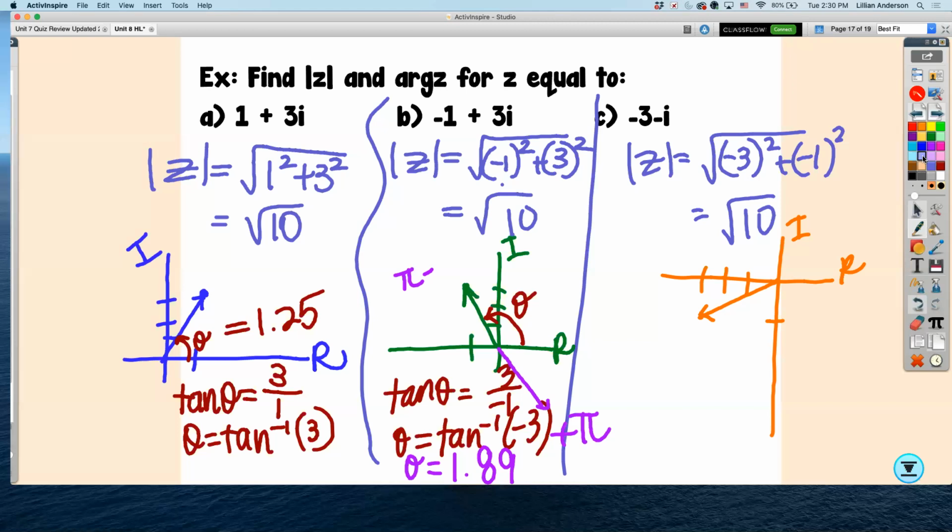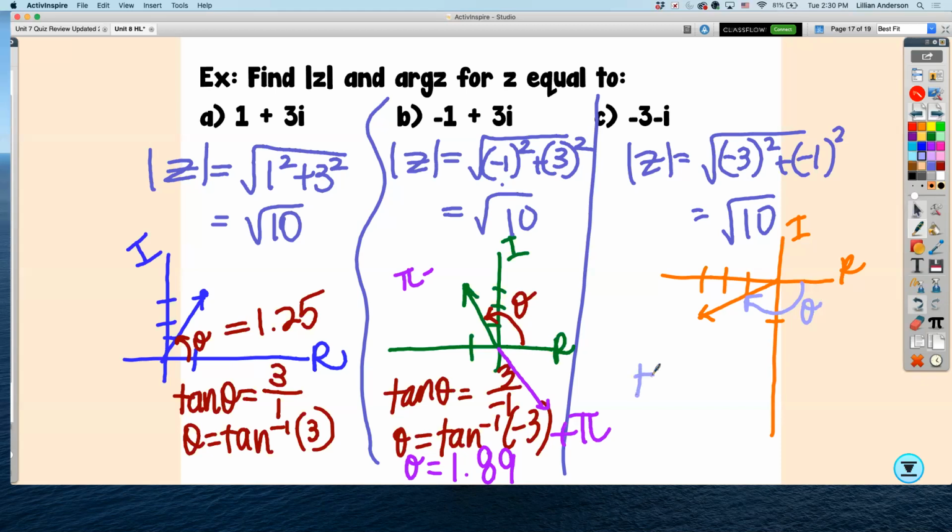Is it going to be like the first two? It's going to be clockwise because it's greater than pi. And remember, we're bounded between negative pi and positive pi. So if I went counterclockwise, I'd be past pi and I don't want that. So my angle for theta has got to be less than 0.